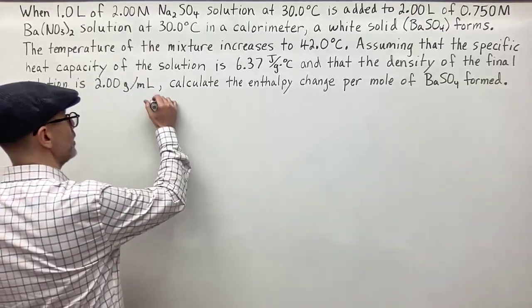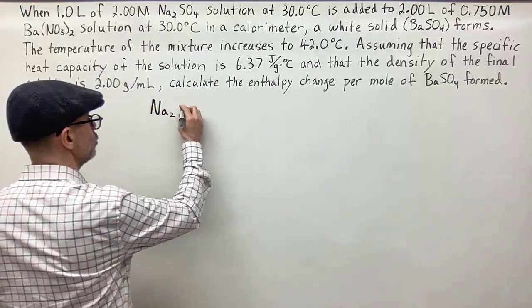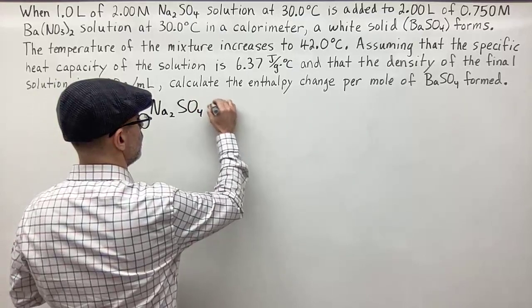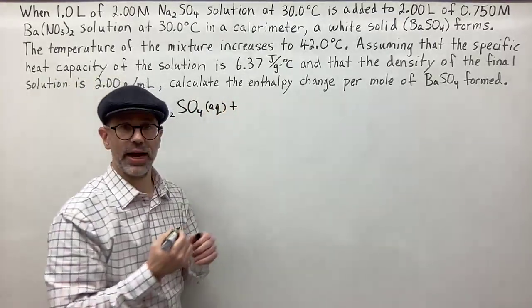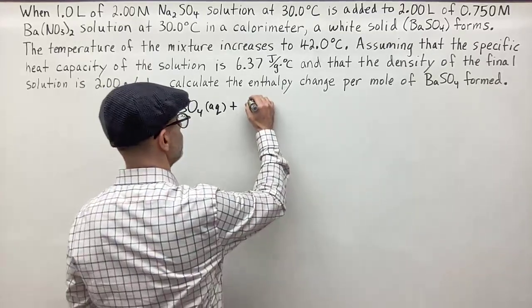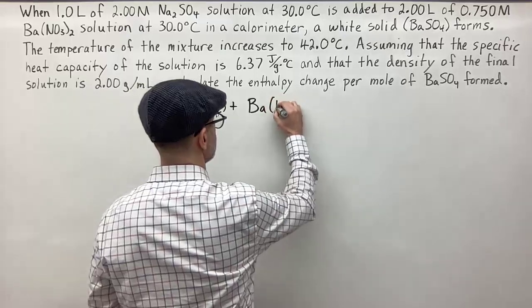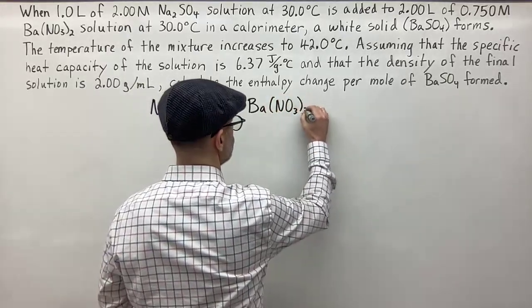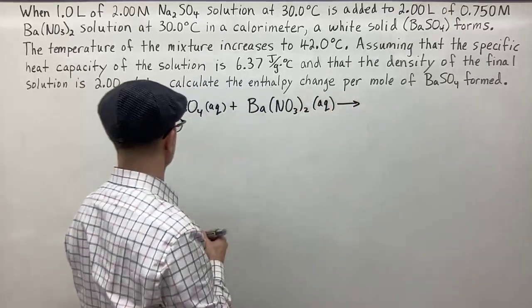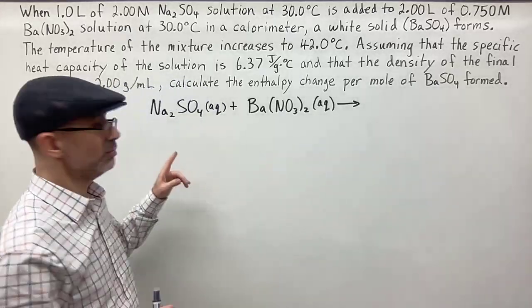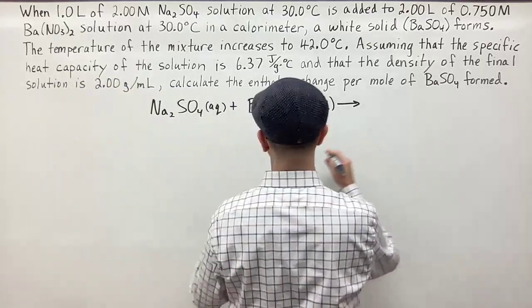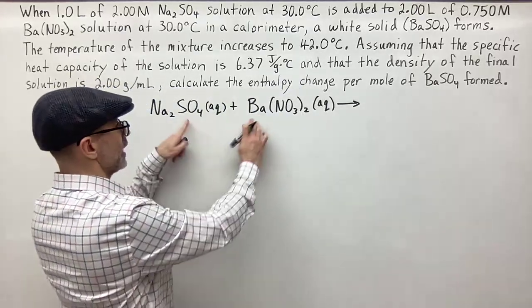So sodium sulfate, Na2SO4, aqueous, plus the barium nitrate, Ba(NO3)2, aqueous, and that's going to form, as they said, barium sulfate as a solid, because the two inside ions are going to go together.